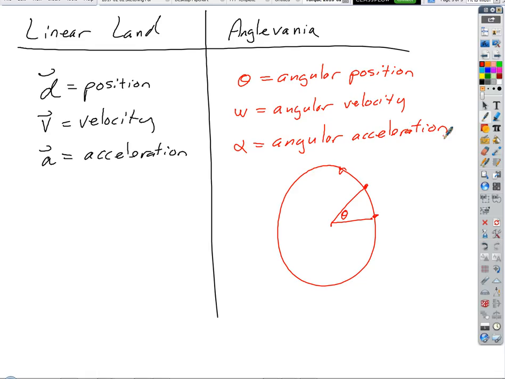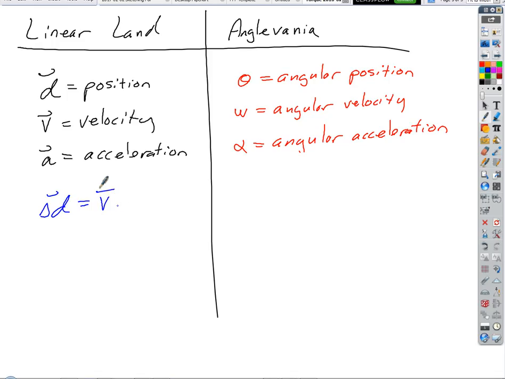We've got, for example, let's take this guy right there, kinematic equation number 1. What's really cool about this, you're getting a bunch of physics for free here that you already know, is that I could take kinematics equation number 1, delta D equals average velocity times t, and what's that going to become in Angulvania?